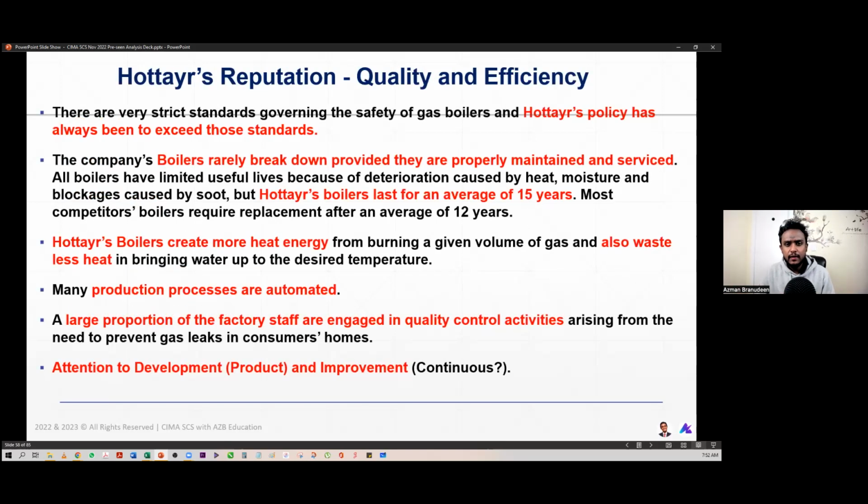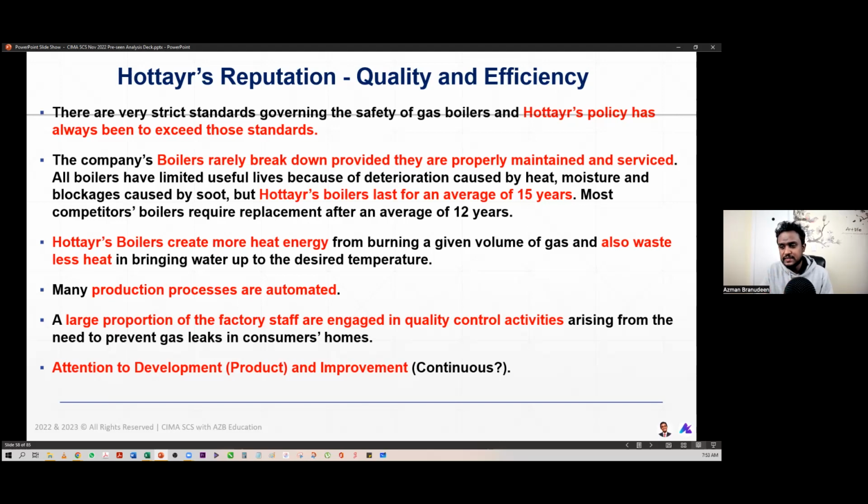Okay, now let's try to expand on this idea. What does the pre-seen say? One, there are very, very strict standards governing the safety of gas boilers in Norland, and Hottayr's policy has always been to exceed those standards. So standards, we meet them, we exceed them. Our boilers rarely break down, provided, of course, that they are properly maintained.